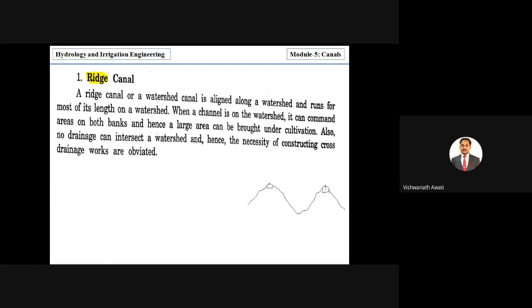And why is it provided on the ridge? Because it is the highest elevation which separates the two watersheds, and if you provide a canal here you can bring more area under irrigation. In the ground, this much of a steep slope will not be there; it is very minimum, but I want to show you which one is the ridge line.